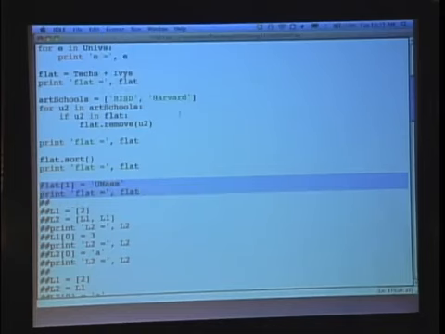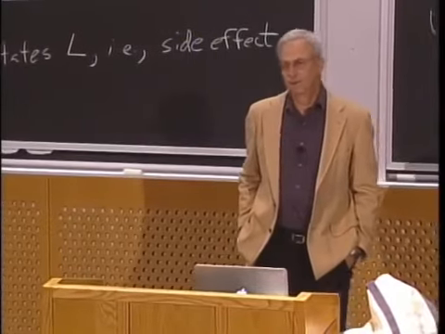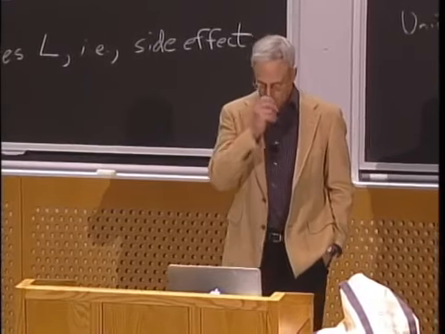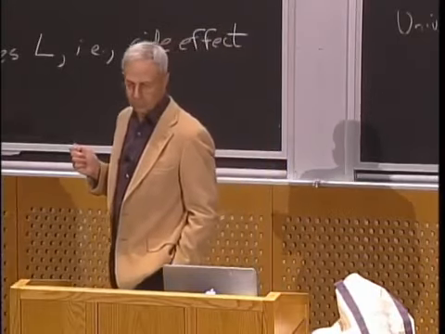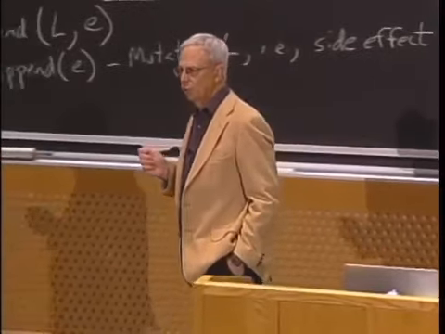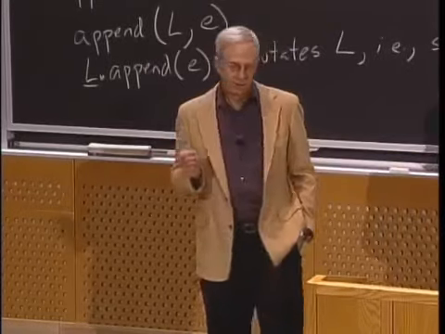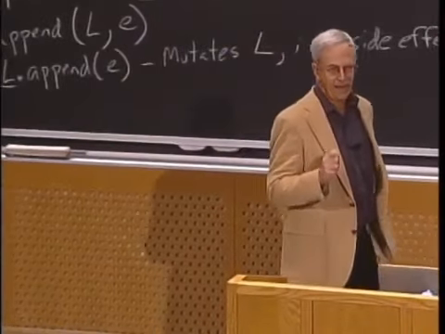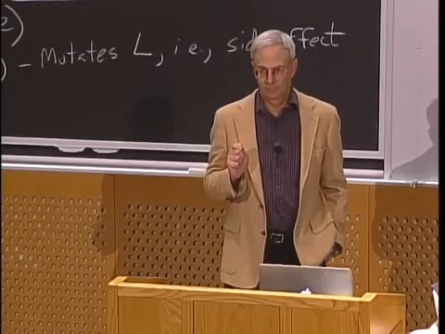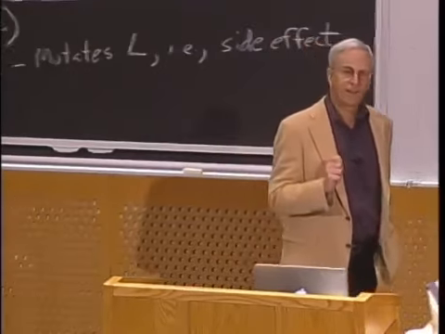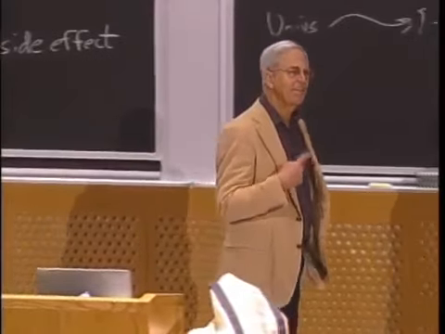Now, I'm going to assign something to flat sub 1. So let's think about what this is going to be doing. It's going to replace the first element of flat by a new value. So it's having, again, a side effect on flat.